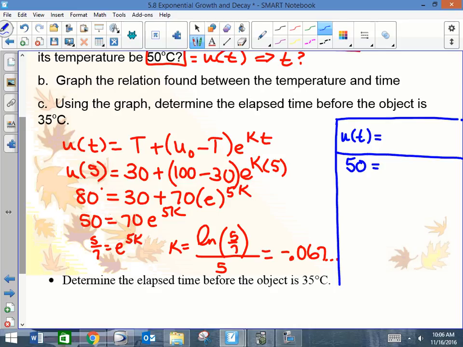U of T equals 30 plus 70 e to the k T. All right, now put your 50 in and solve. And I don't know that we need to do the second part of this thing. I think we're good.